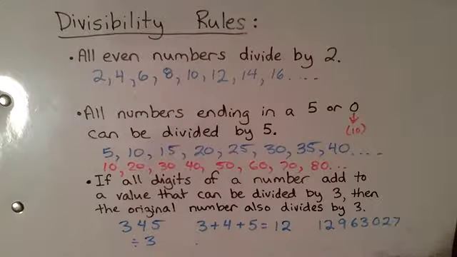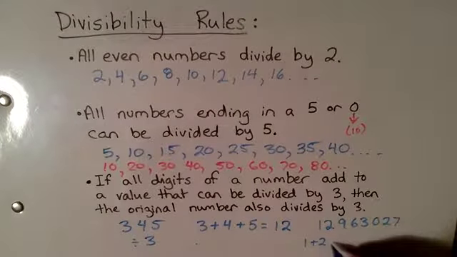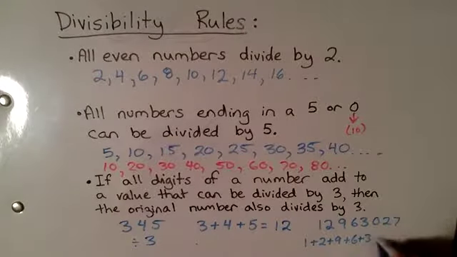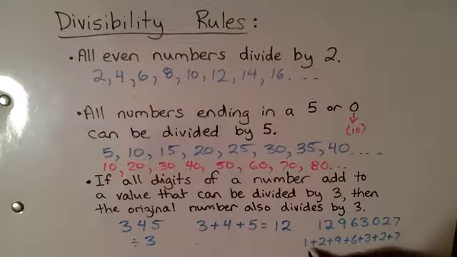If I add up all of those digits, 1 plus 2 plus 9 plus 6 plus 3 plus 0, which I won't bother doing, plus 2 plus 7, you'll find that's 1 plus 2 is 3, plus 9 is 12, plus 6 is 18, plus 3 is 21, plus 2 is 23, and plus 7 is 30.